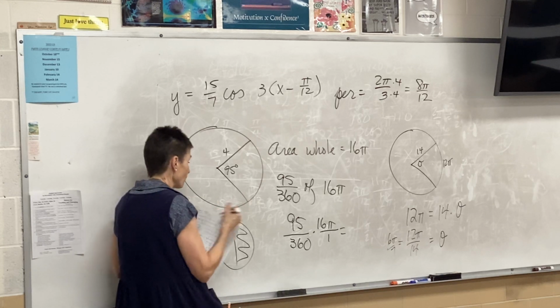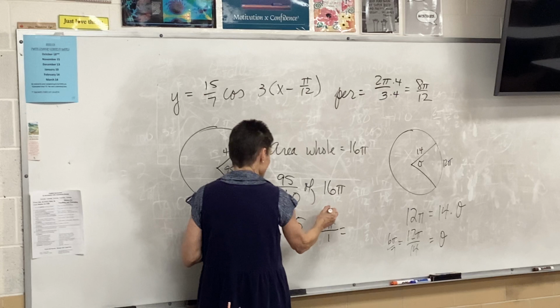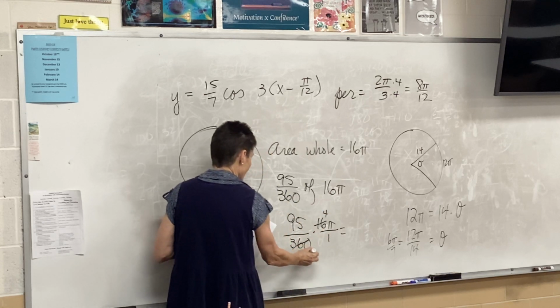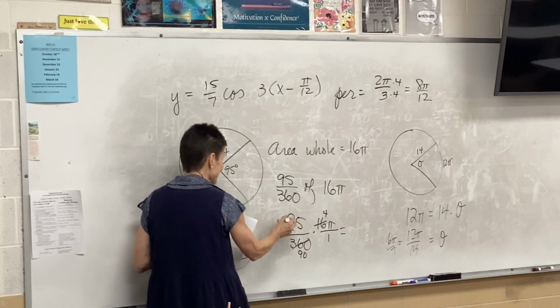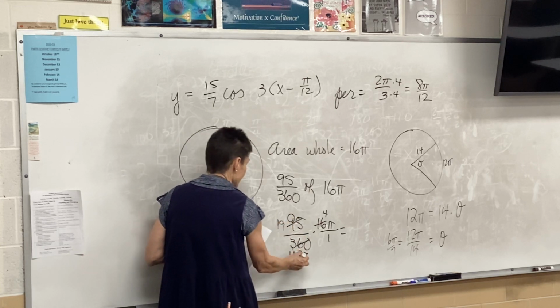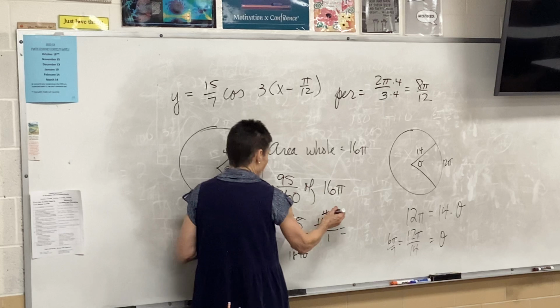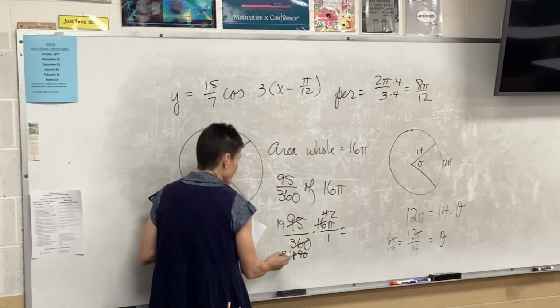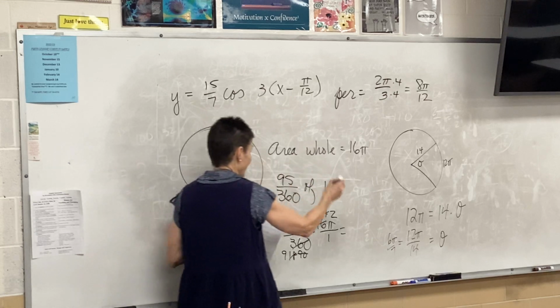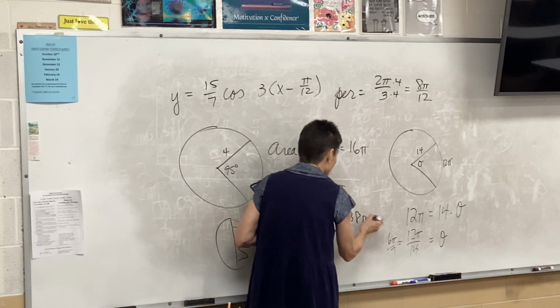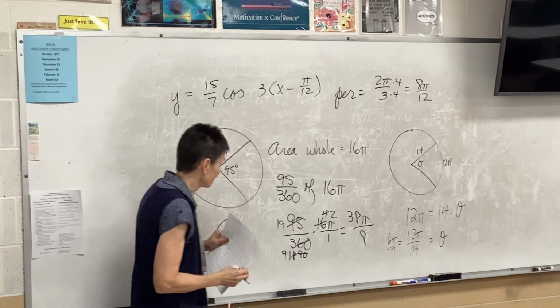So let's see, I know 4 goes into this 4 times, and this 90 times. I know 5 goes into that 19 and 18. 4 twice 9. I'm getting 38 pi over 9. But I am not going to stake my life on that.